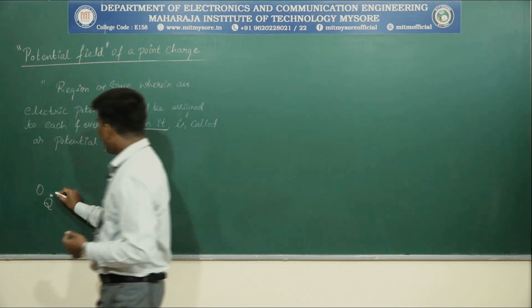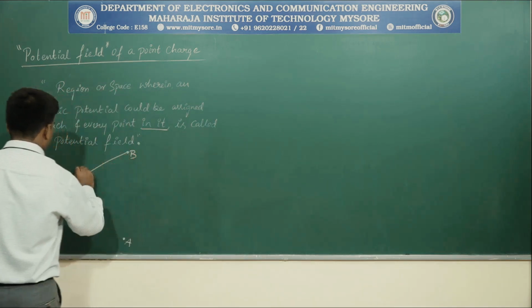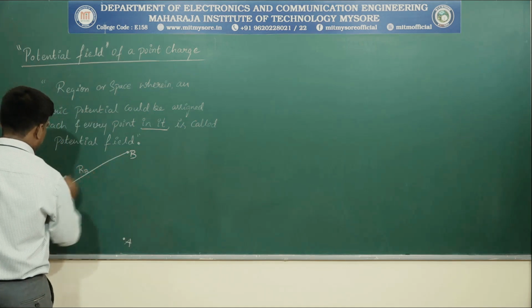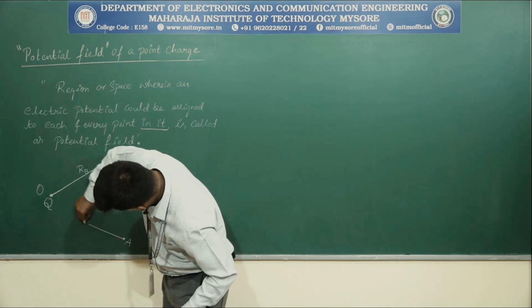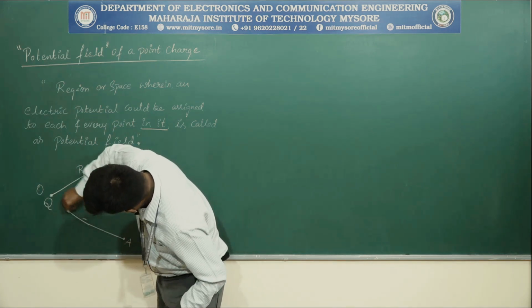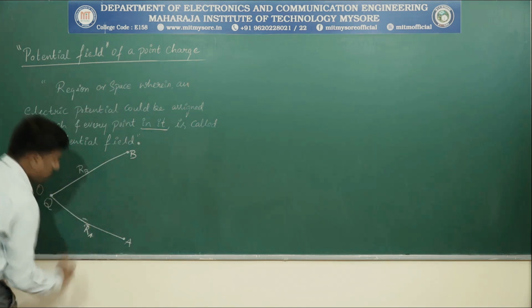So point B is at distance RB from O, and point A is at distance RA from O.